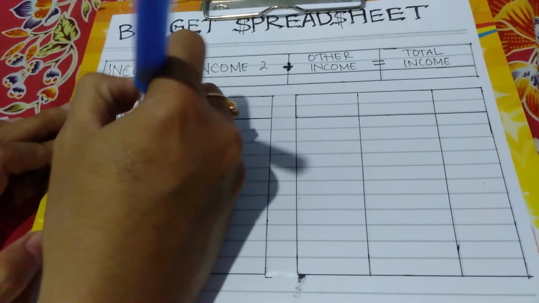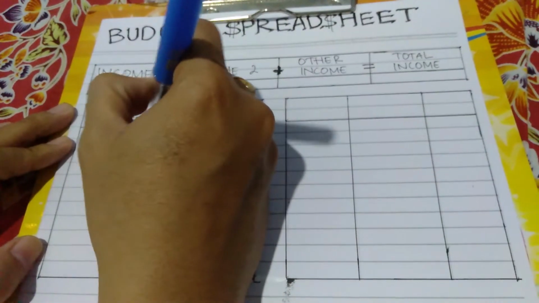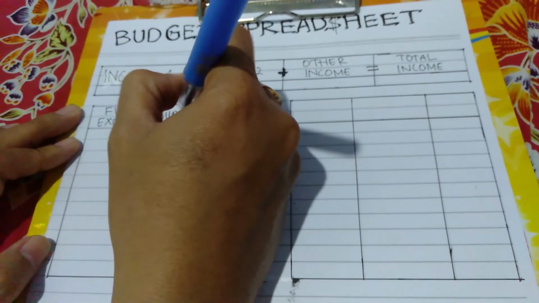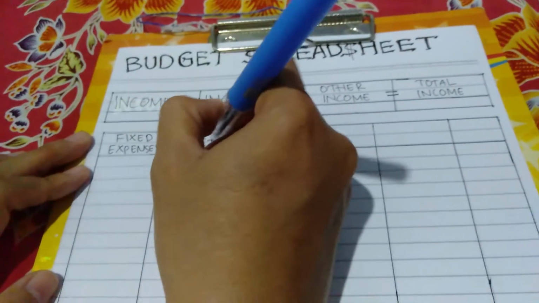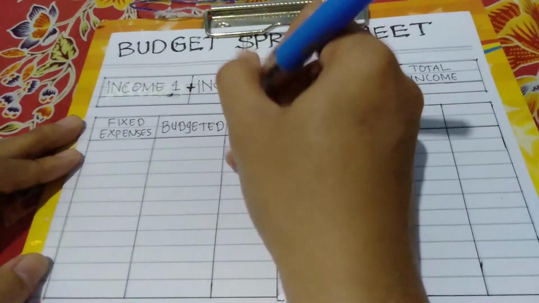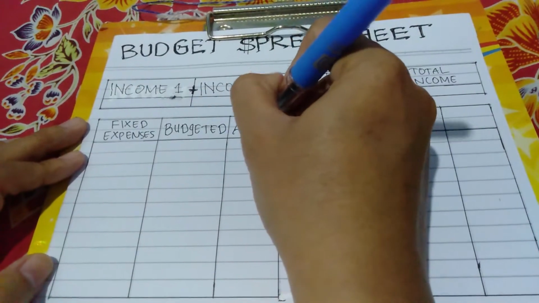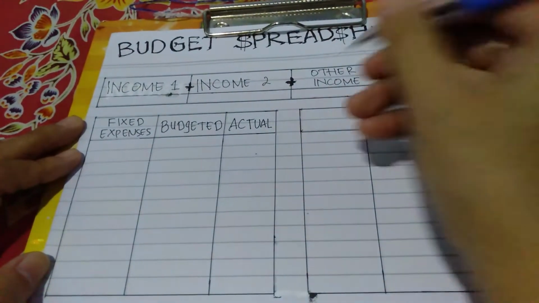So the first section of the second table is fixed expenses. These are the expenses that must be paid.